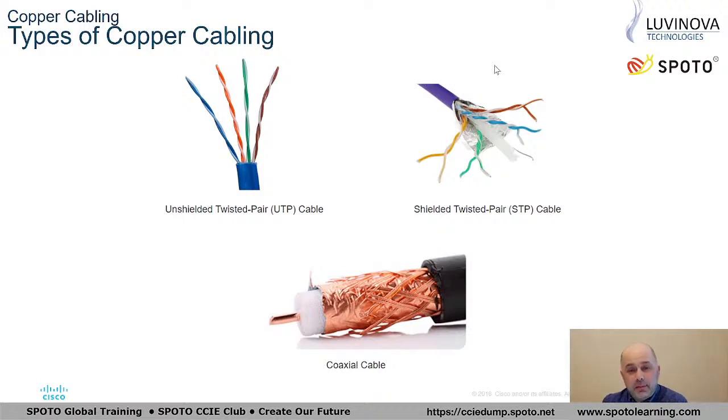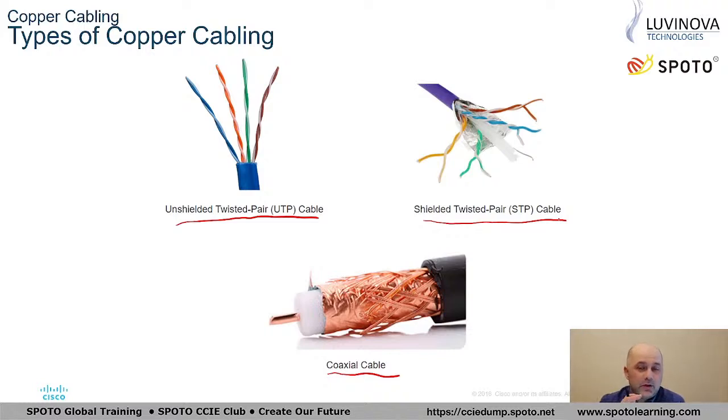Types of copper cabling. We have unshielded twisted pair, then shielded twisted pair, and we have coaxial cable. In unshielded twisted pair, UTP for short, we don't have shielding.